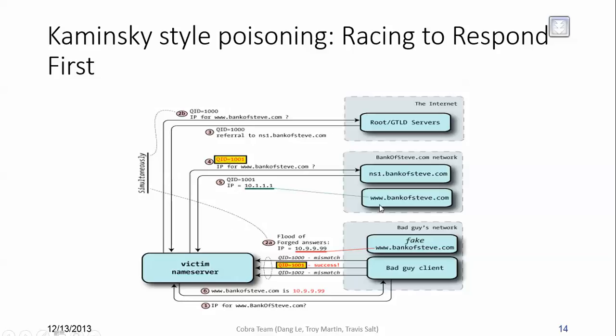So the victim name server believes that the IP of www.bankupstreet.com is 10.9.9.99 instead of 10.1.1.1.